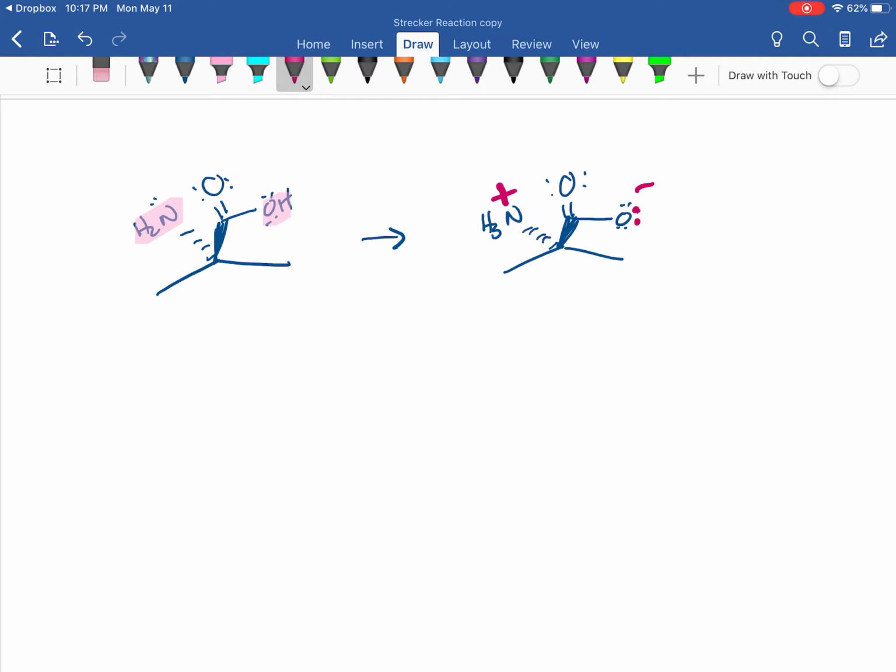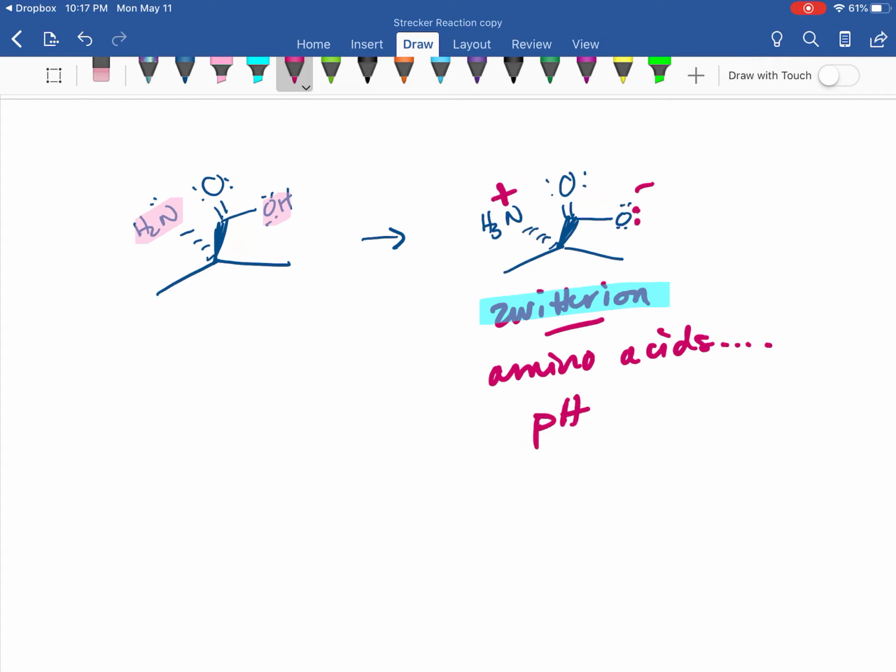When your base takes that hydrogen and leaves behind that conjugate base, this is called a zwitterion. You rarely have 2 charges in the same molecule, let alone a plus and a minus sitting next to each other. That is very rare. This term zwitterion is the only time you really see that, and it's in amino acids.